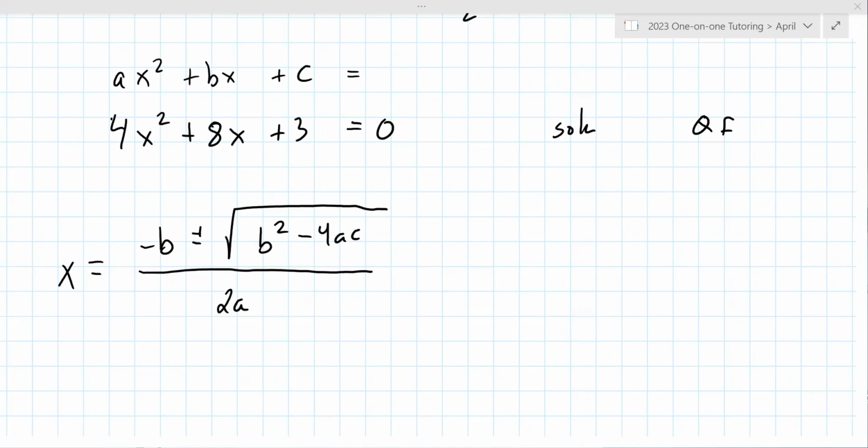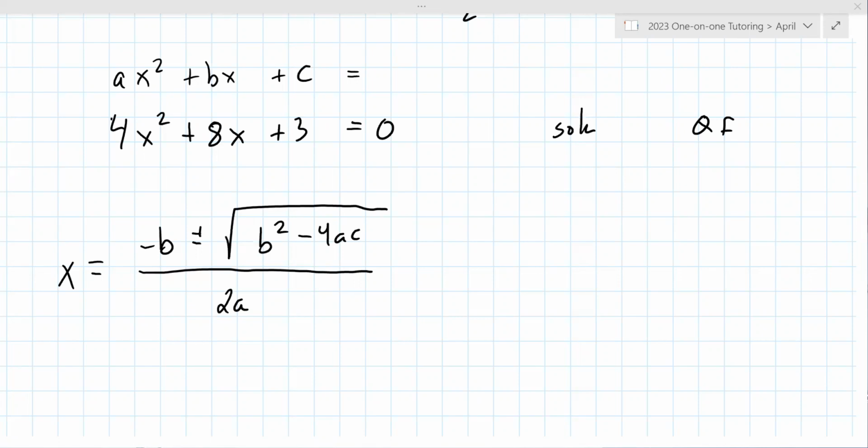Eight squared minus 4 is 4 times 3. And that's over 2a, or actually 2 times... 64. Okay, so then that's -8 plus or minus the square root of 64 minus 4 times 12, over 8.